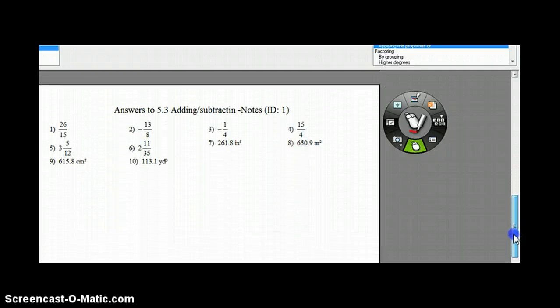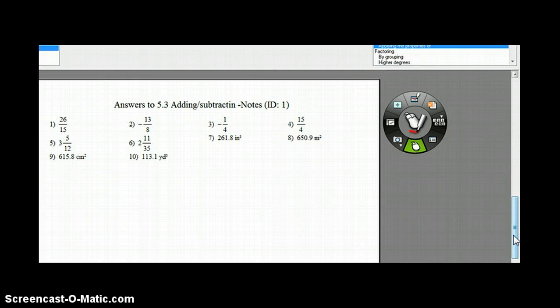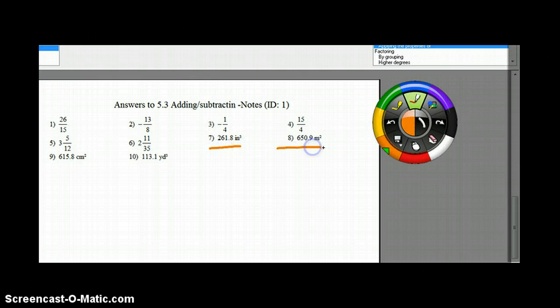So take out your calculator, see if you can get 7, 8, and 9, and finally 10 as your final answers. Again, make sure that you put your units in there, check your units, and see how those are with square units or cubic units.